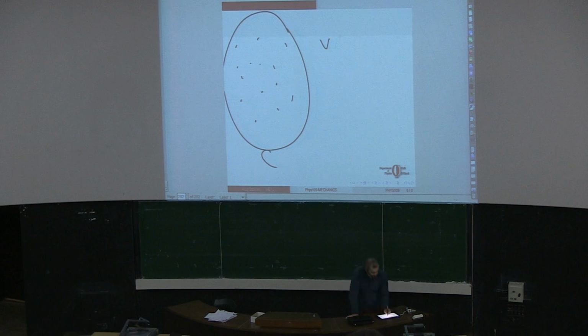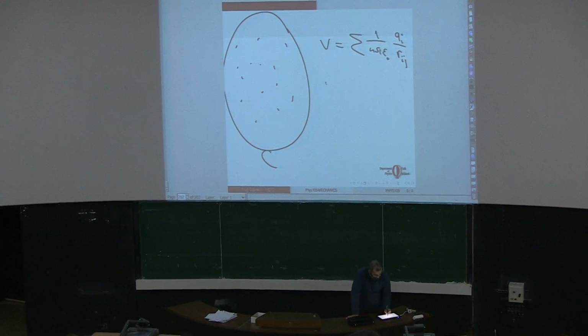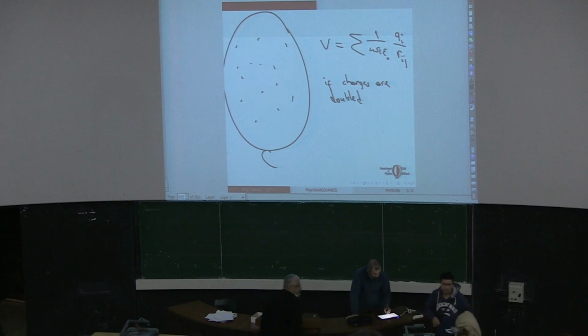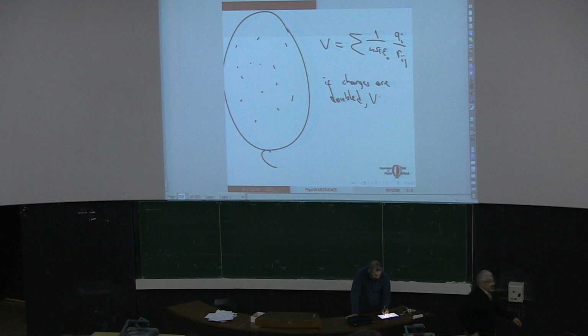system will be given by a sum of terms of the form 1 over 4 pi epsilon 0 Qi over Rij, let's say. If the charges are doubled, in that case, we know that the potential is also doubled.